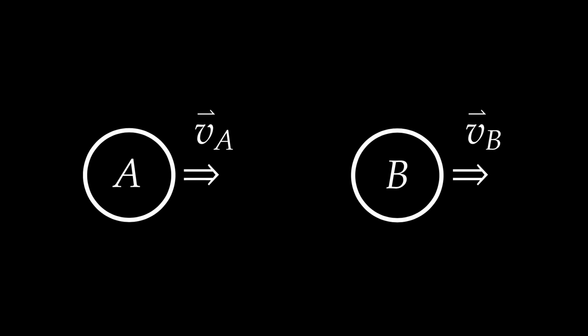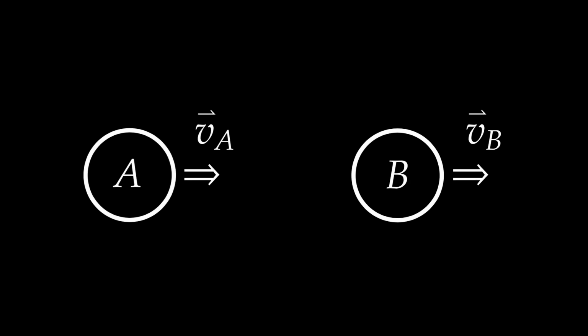So here's A moving along with velocity VA, and here's B moving along with a velocity VB. I'm going to give these some values for the purpose of calculation, to see what happens during this collision. Obviously I want to select for A a velocity sufficiently large that it'll catch B, otherwise they won't collide at all.